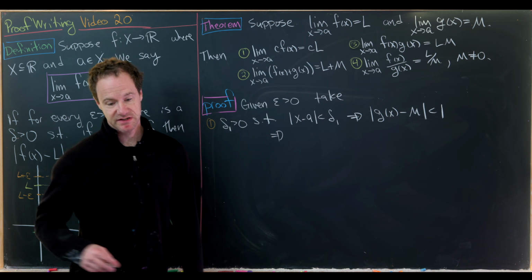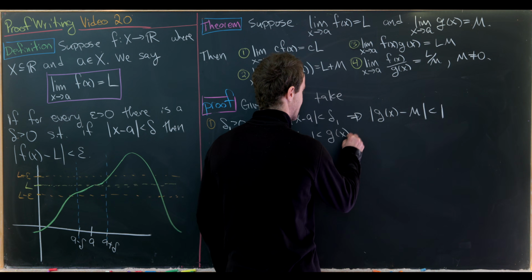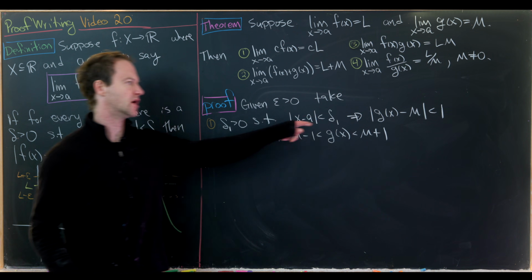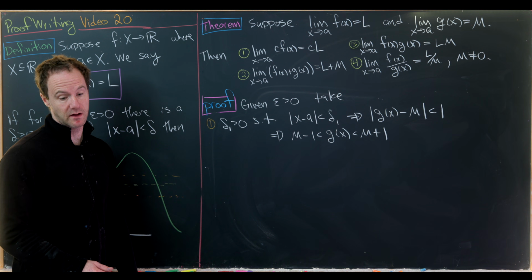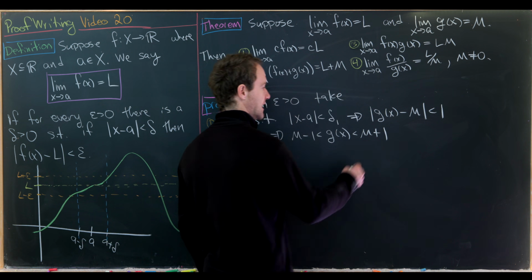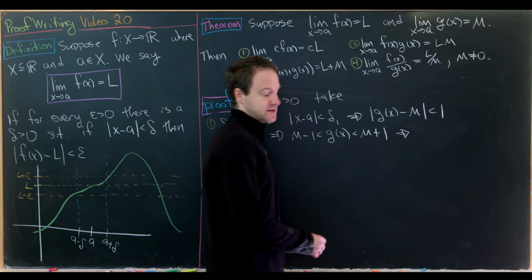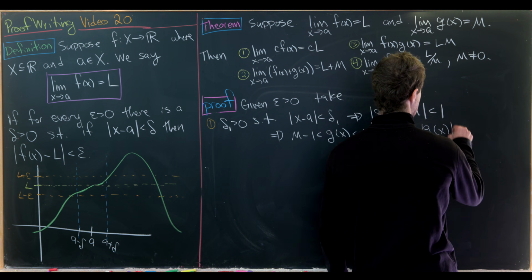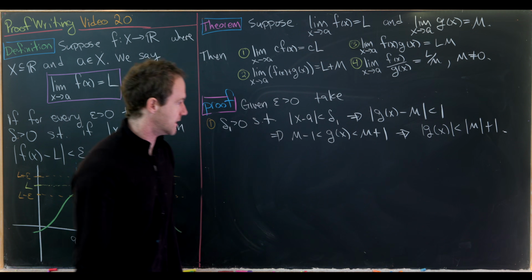That'll lead us to m minus 1 is less than g of x, which is less than m plus 1. So that's pretty easy to unravel this absolute value inequality into this compound inequality. But putting an absolute value back into this, we'll see that this means the absolute value of g of x is less than the absolute value of m plus 1.